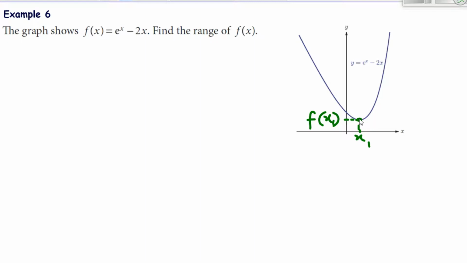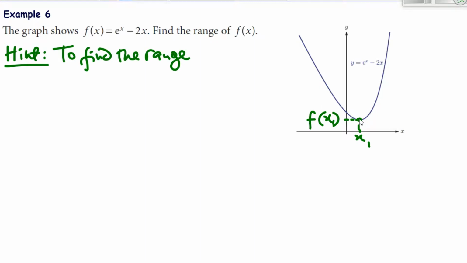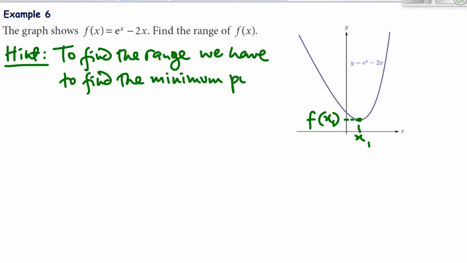So the hint here is, to find the range, we have to find the minimum point.